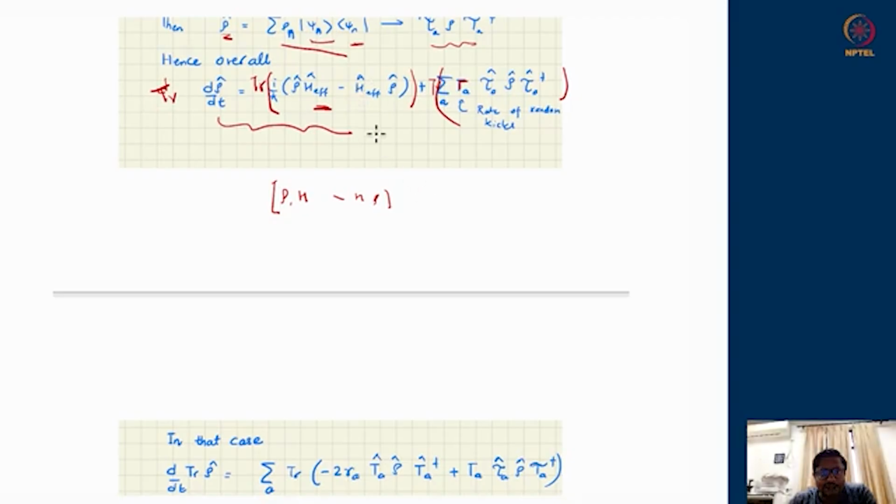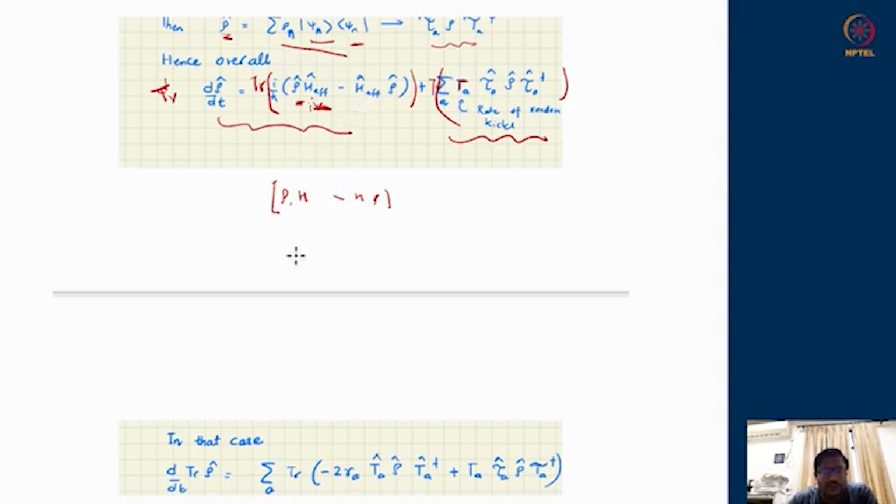But the next time there is an anti-Hermitian part, which is minus iota V, a non-Hermitian part that does not gel in this way to give a commutator. So that term will remain separated like this, and there will be two terms, one coming from rho iota V here, and the next term plus iota V times rho.